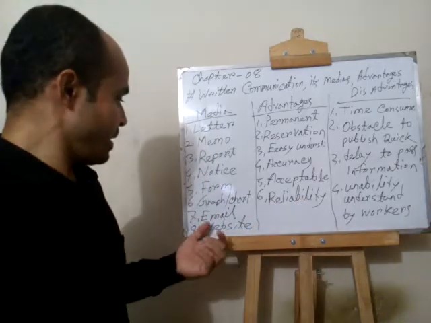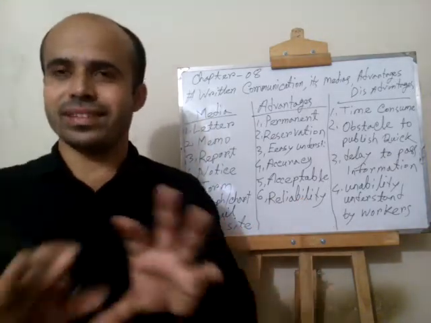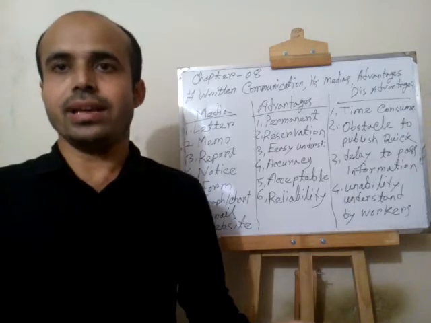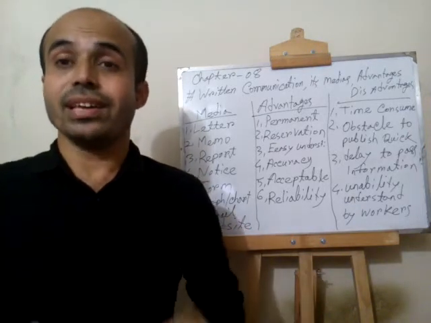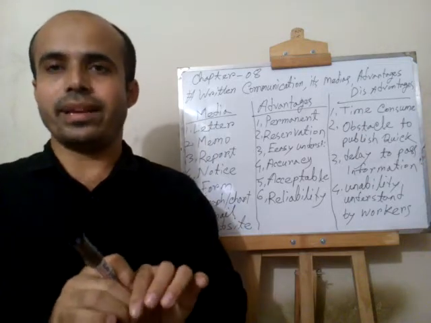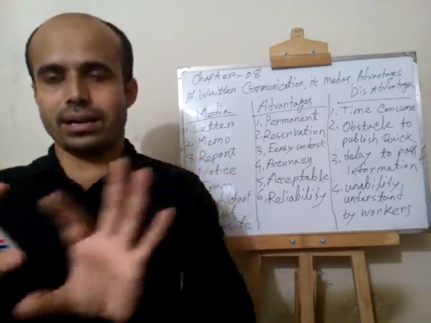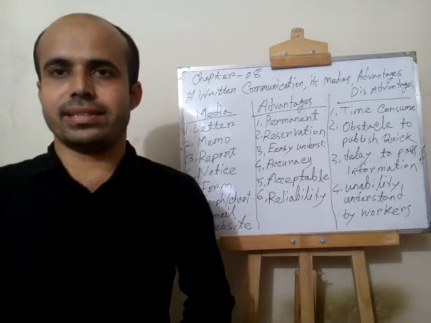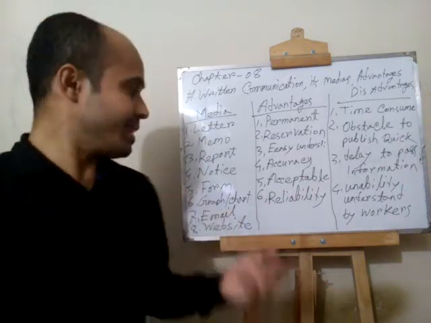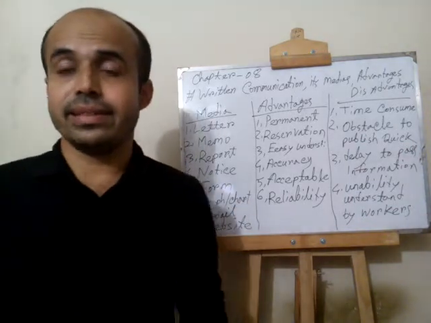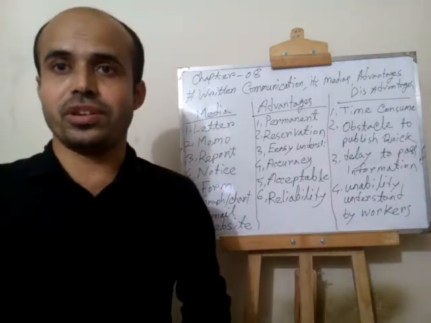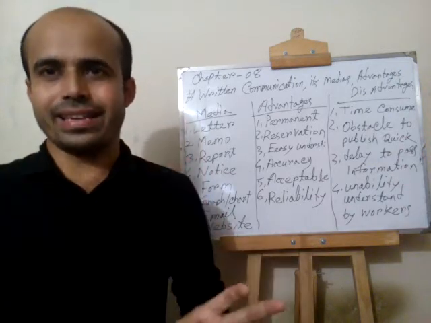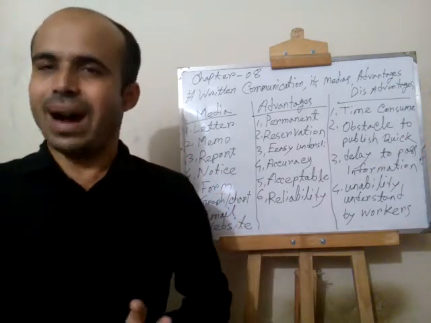Email. You know email. What is it? Electronic mail that is transferred through Gmail or Yahoo mail. You can send your opinion by writing words in Bangla, Arabic, or English, and you can send it to others anywhere. That is why I am saying email is also written communication, and it is used worldwide, very vastly and very commonly.